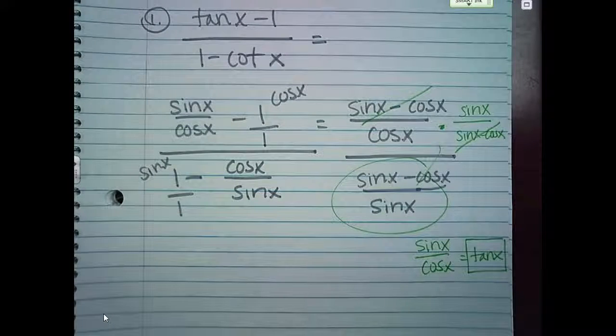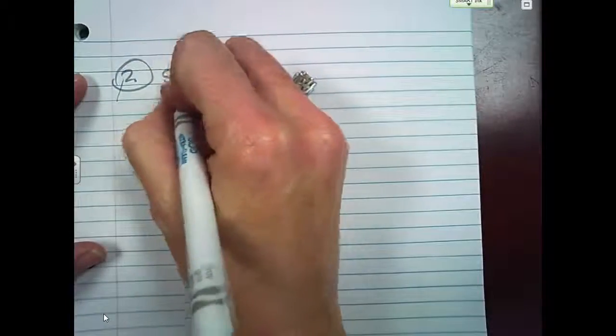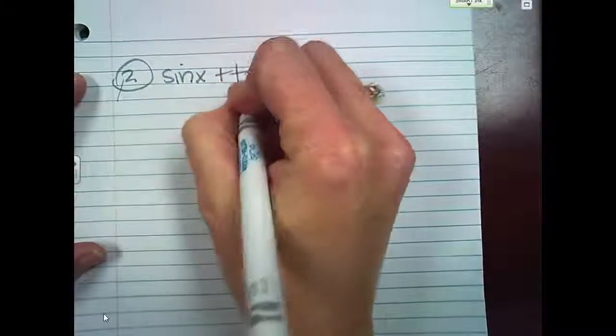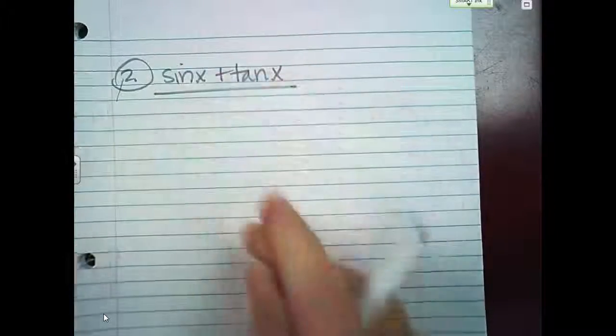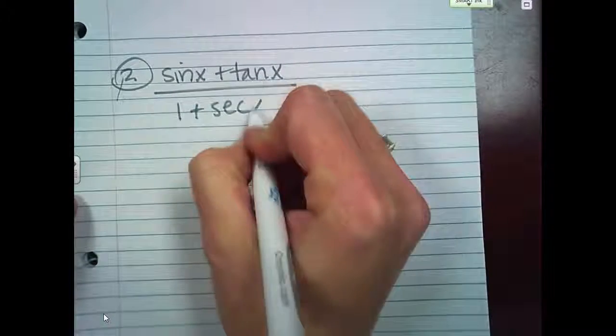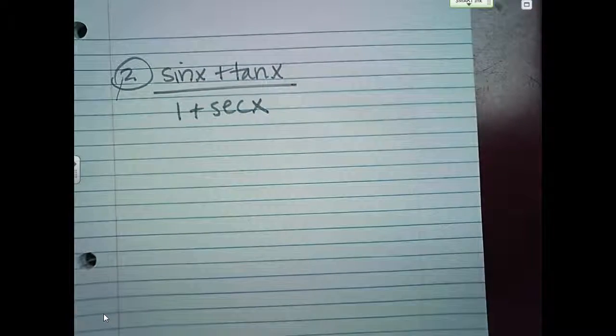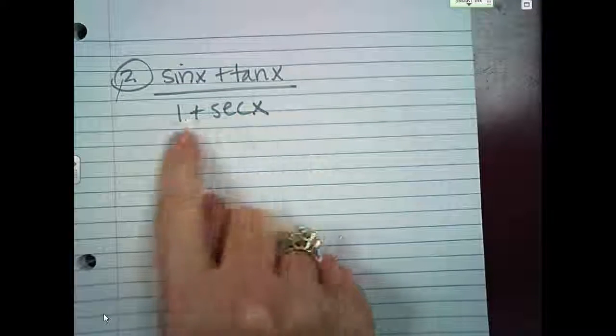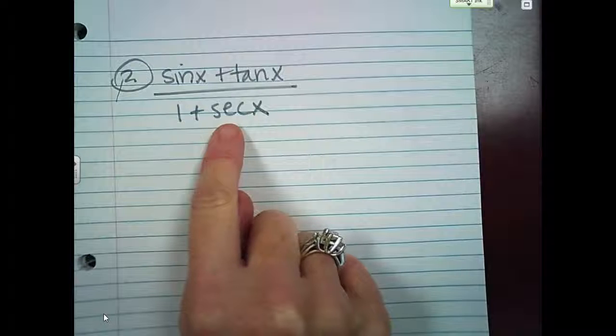Now, number 2. The problem was sine x plus tangent x, all over 1 plus secant of x. The bottom is not a trick because it's not squared.